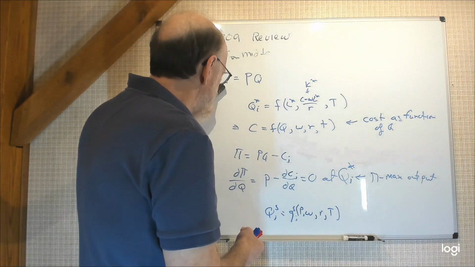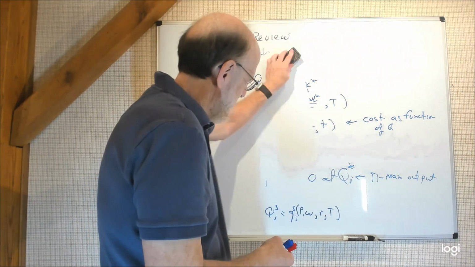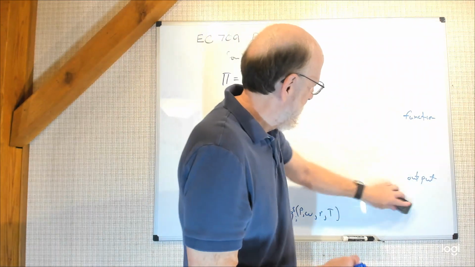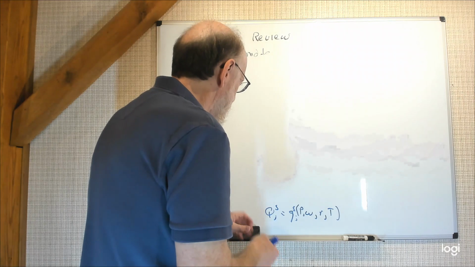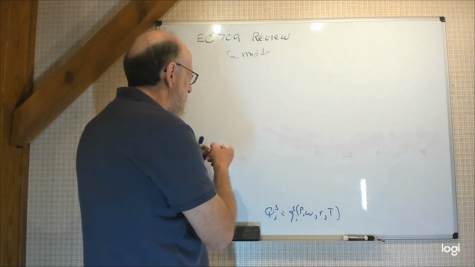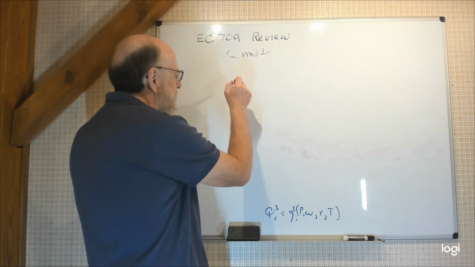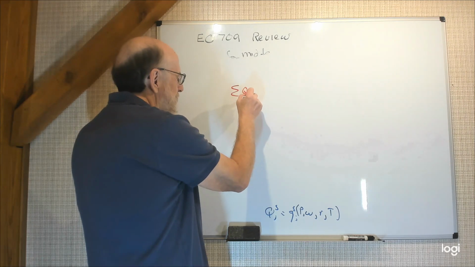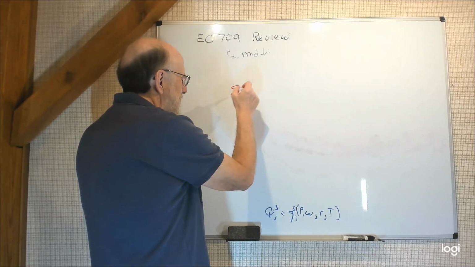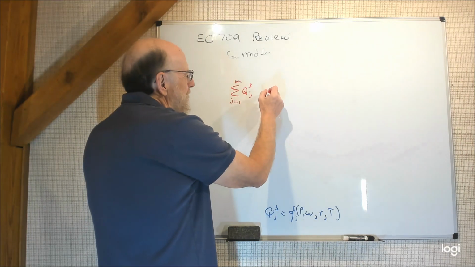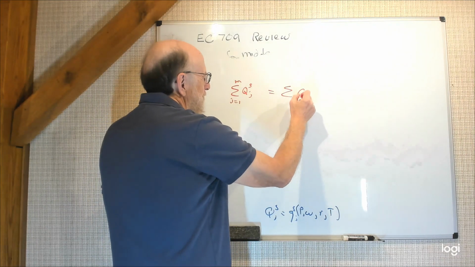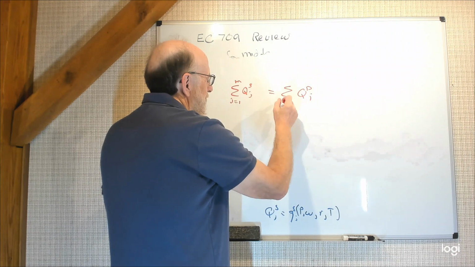Right, we know the supply function. So the market supply is going to look like this. It will be the sum of Q_j^S, j equals 1 to n, and that's going to be equal to the sum of Q_i^D, i equals 1 to n.